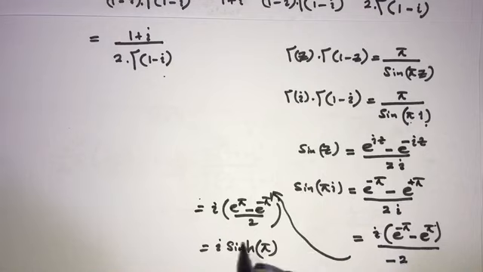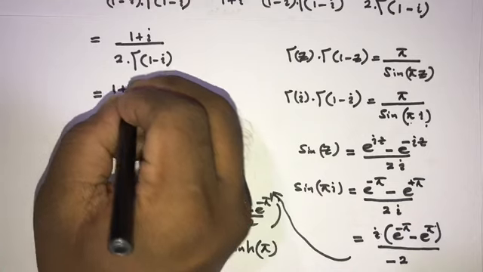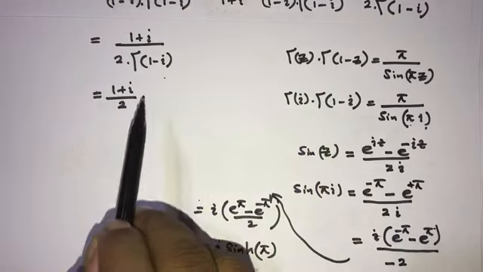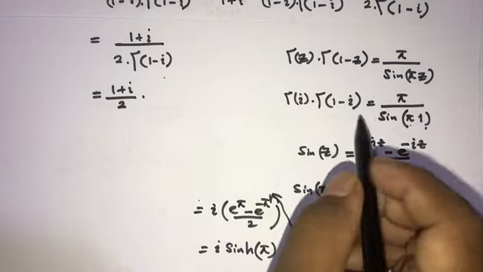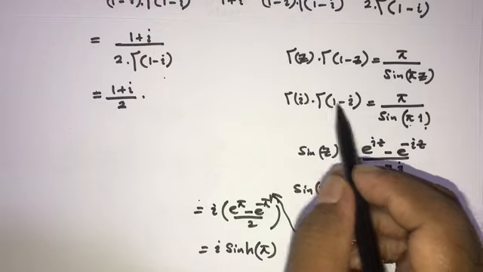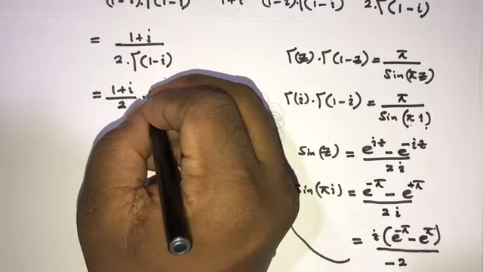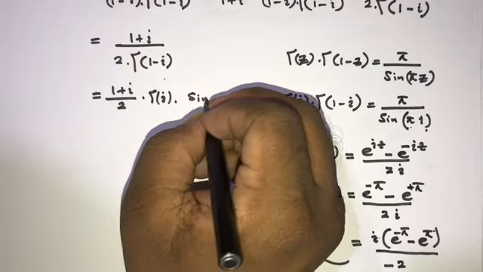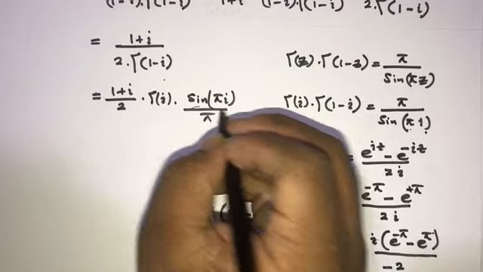Now we can substitute here, so we can write 1 plus i over 2 and 1 over gamma of 1 minus i, so 1 over gamma of 1 minus i is equal to gamma of i times sine of 5i over 5.